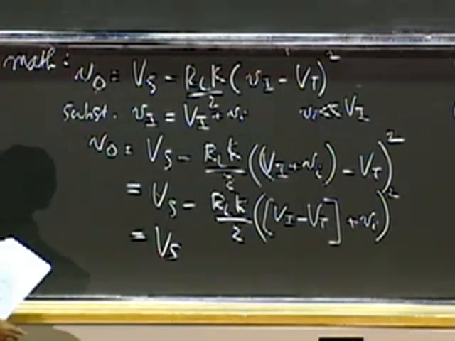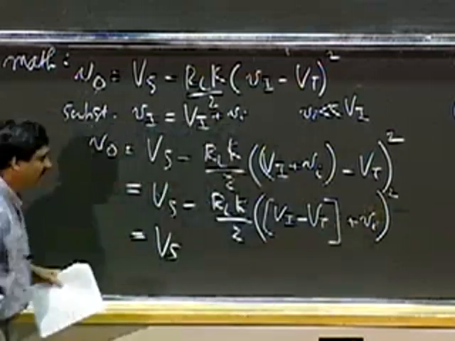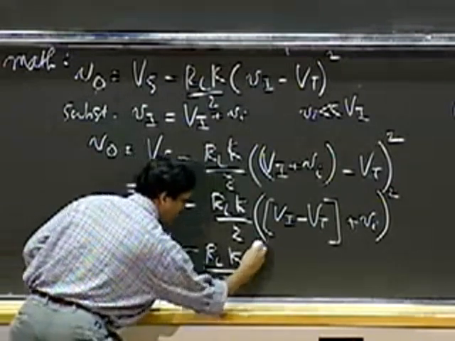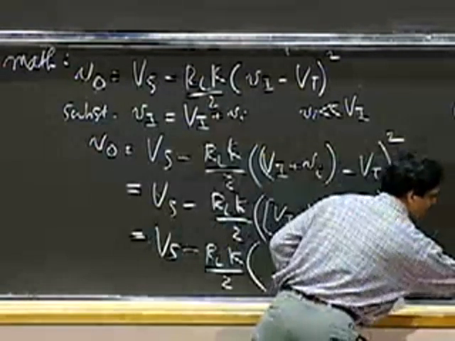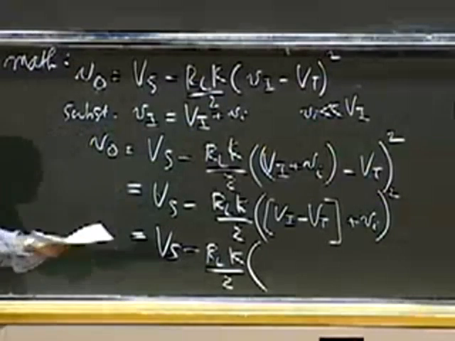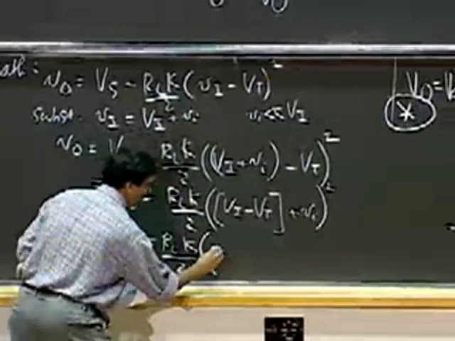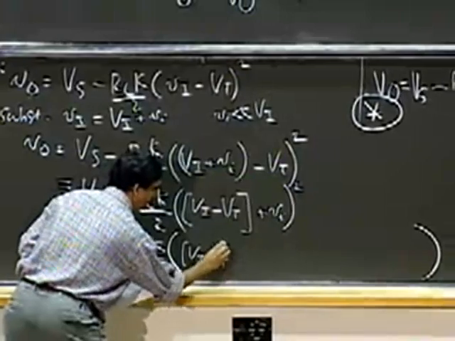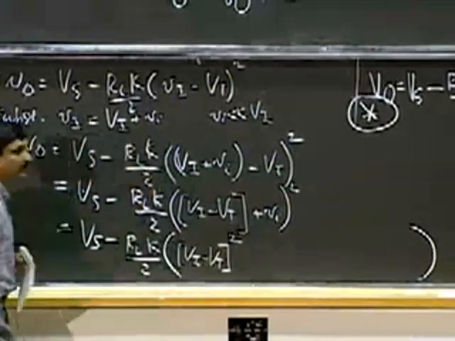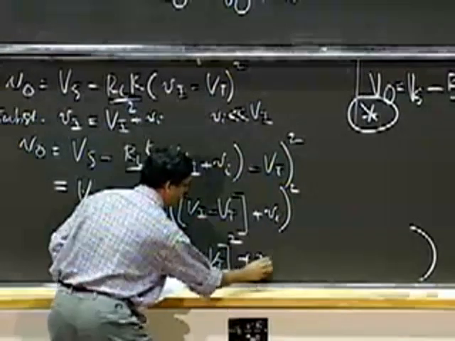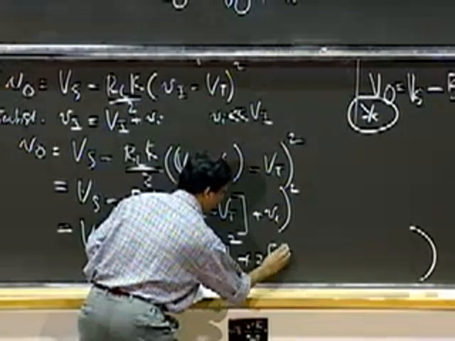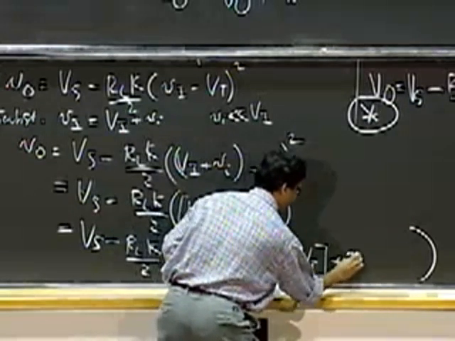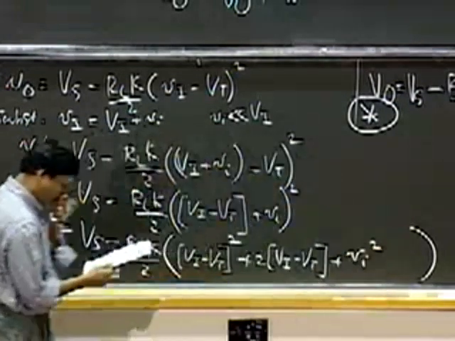Next, what I'm going to do is simply expand this out and write it this way: RL K by 2. Expand that out and treat this as one unit, squared, plus twice, plus squared.